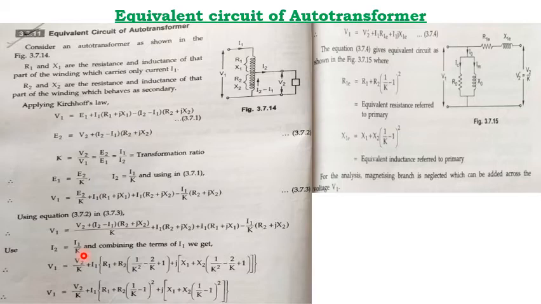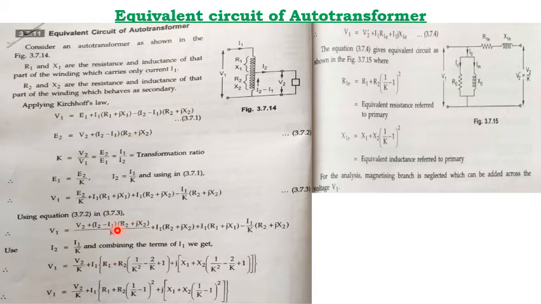Now the expression you will get is V1 is equal to V2 divided by K plus, so here in place of I2 we substitute I1 by K. So this is I1 by K, I1 by K. Here we get I1 as common. Now you remove I1 outside, and write the remaining expression with termwise multiplication.